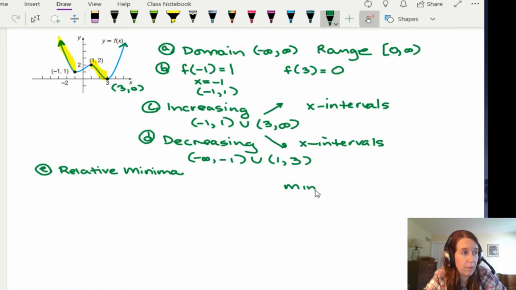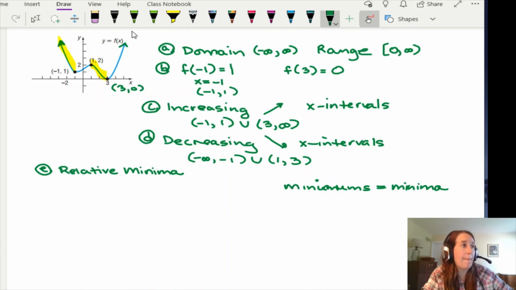The plural of minimum is really the word minima. Don't think that it's asking for something different. It's just saying for relative minima, there could be multiple minimums on the graph.